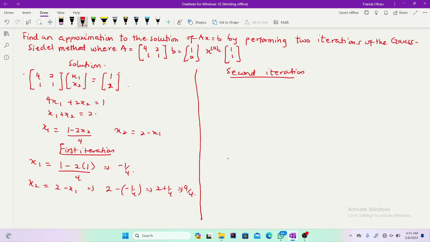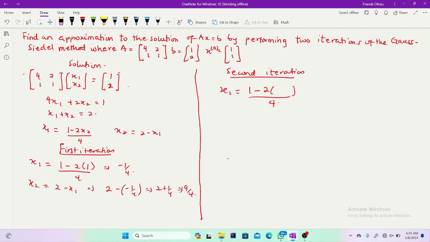For the second iteration, I'll have x1 equal to 1 minus 2 multiplying the current value of... sorry, we needed the current value of x2, not x1. So this is 1 minus 2x2, and the current value of x2 is 9 over 4.